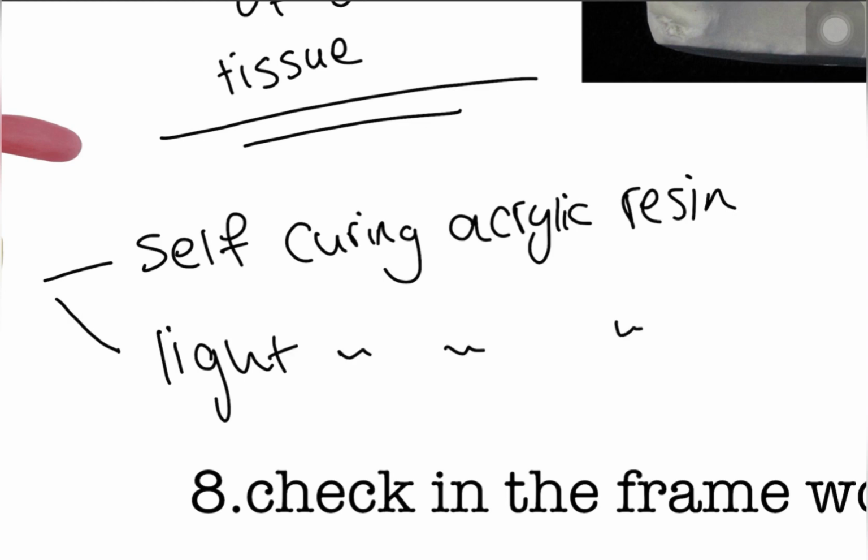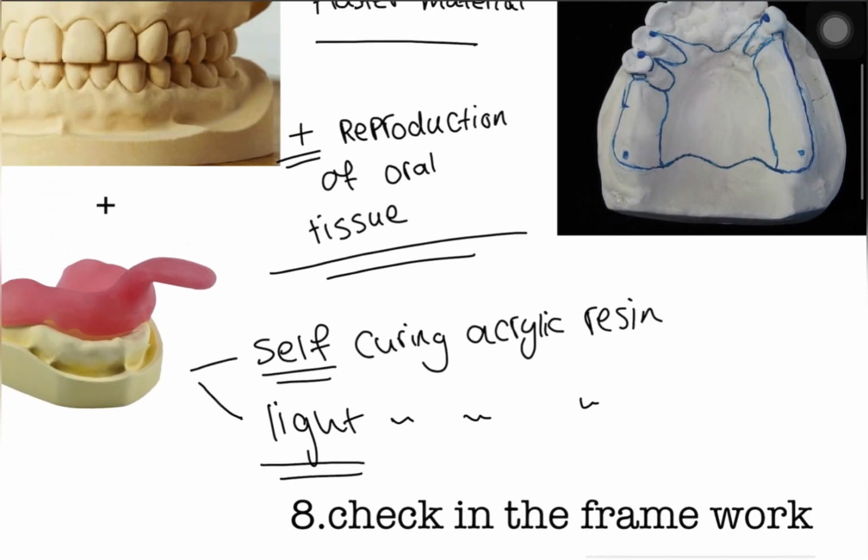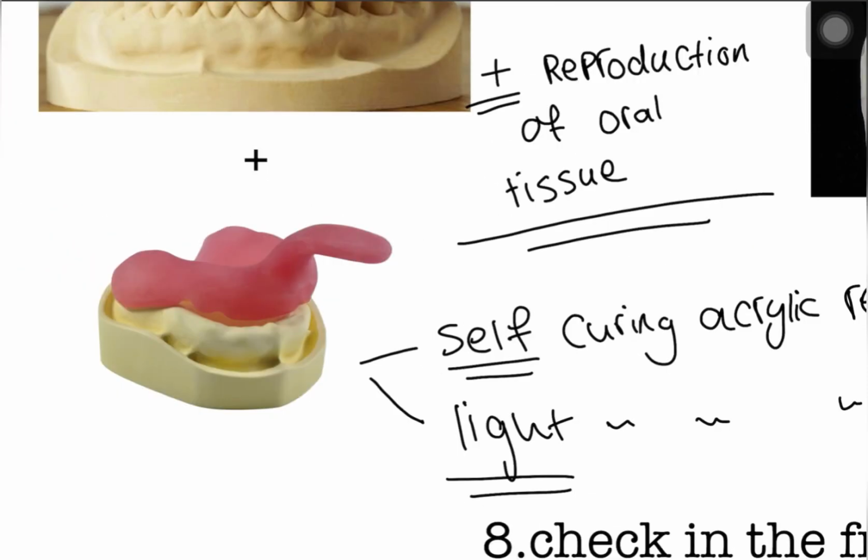It's the same. The only difference is that this one cures by itself, and this one we need to put in something called a light box. They adapt this resin to the stone model.